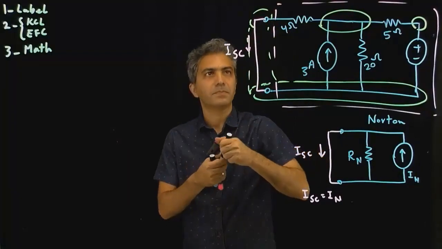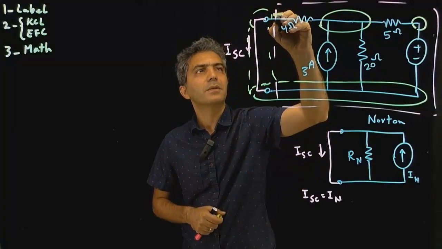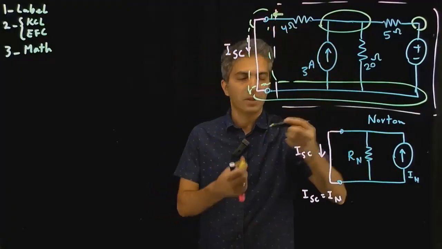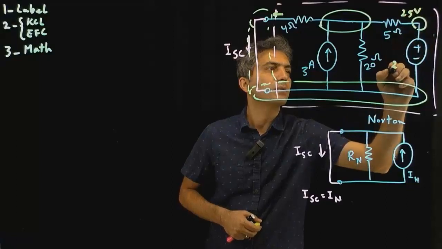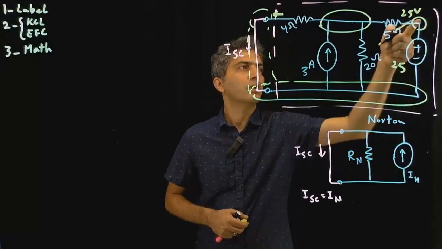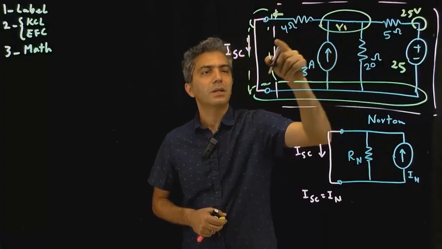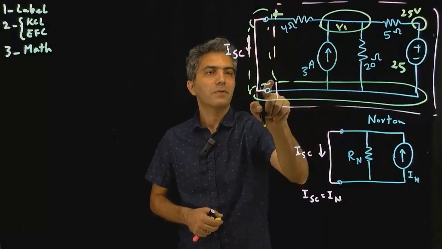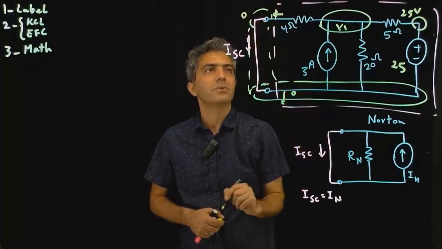Now start labeling the currents. So that's 25 volts again. The equation for that component means that that's 25. I'm going to call that V1. This voltage here, if I say this is ground, this is 0, and that's also 0.